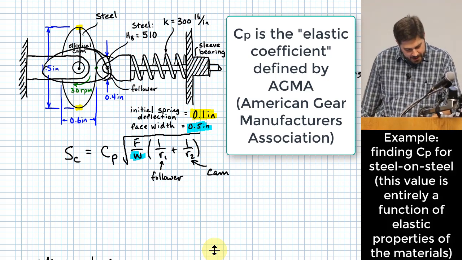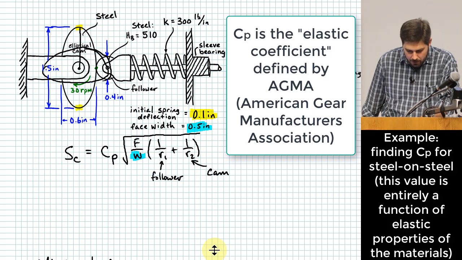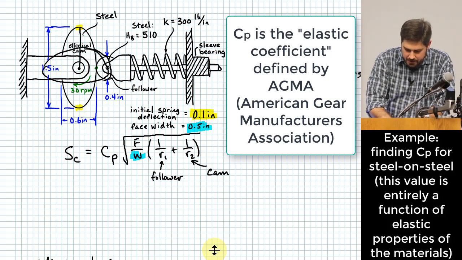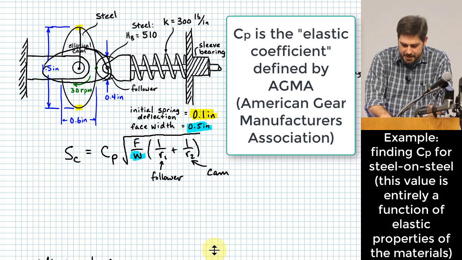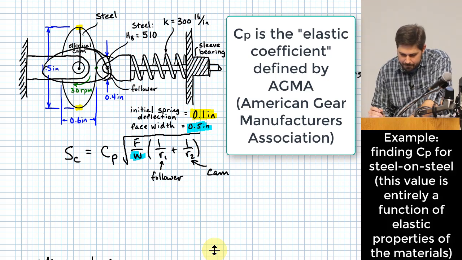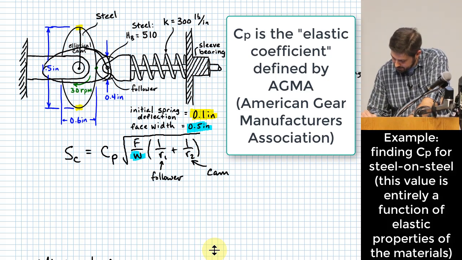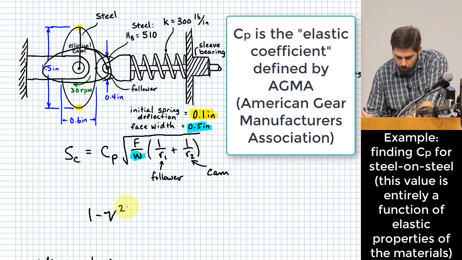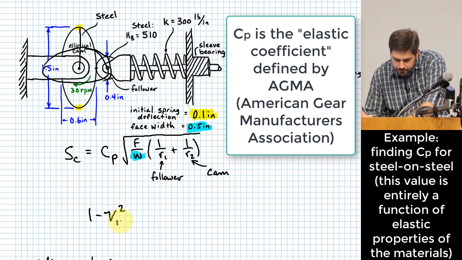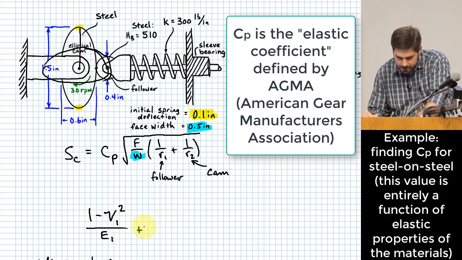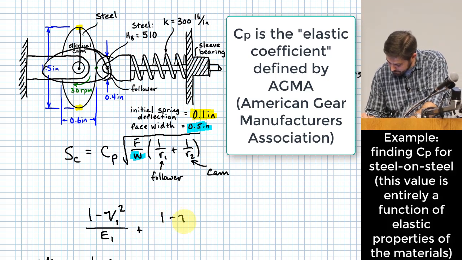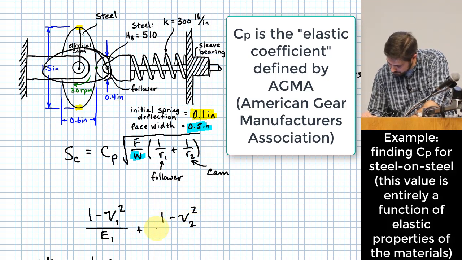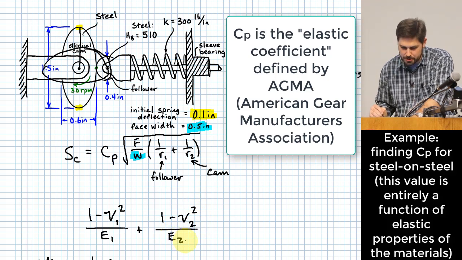First of all, it's actually not even listed as an equation, right above 666 it says here the term where we have 1 minus Poisson's ratio squared for piece number 1 over the elastic modulus for part number 1, plus 1 minus Poisson's ratio squared for part number 2 over the elastic modulus of part number 2.